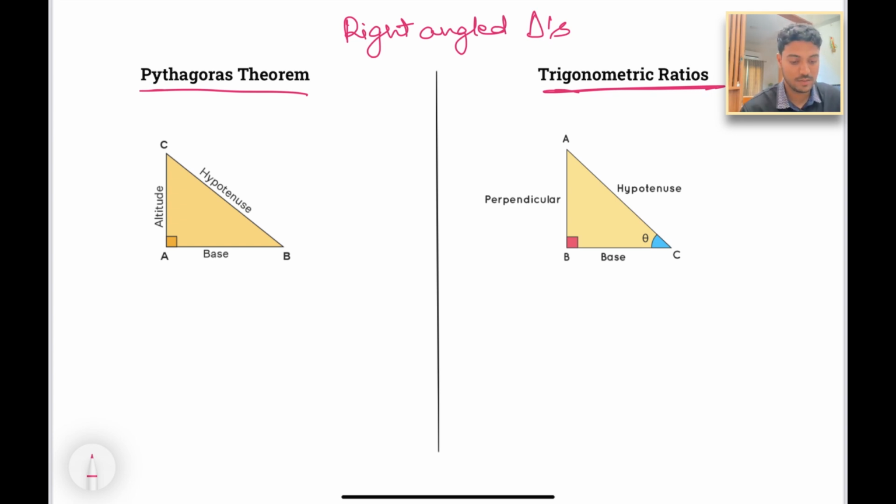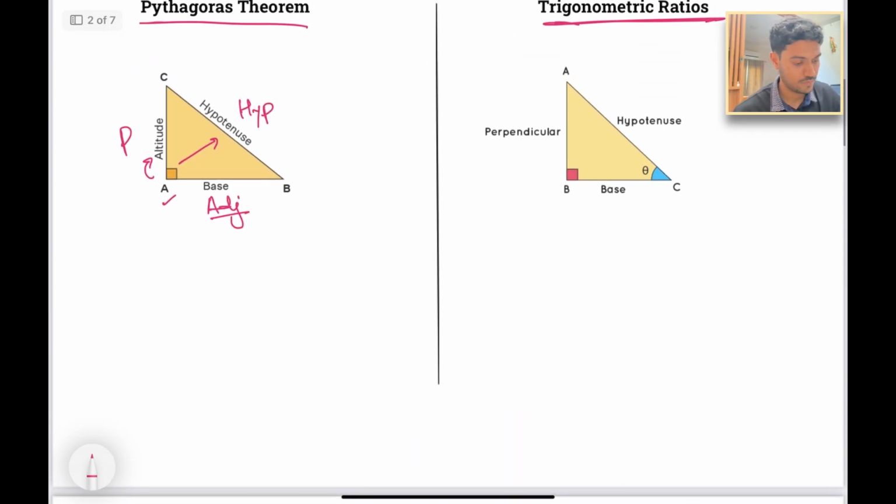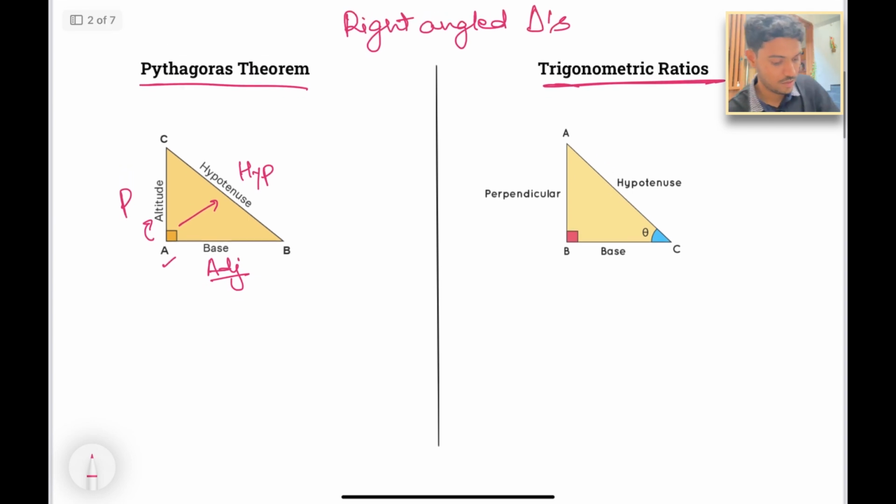First, let's understand a right angle triangle. In a right angle triangle, in this case, which is at right angle at A, the opposite side is the hypotenuse. The adjacent side is the base, and this side is the perpendicular, also known as the height of the triangle or the altitude. Now, as per the Pythagoras theorem, AB square plus AC square is equals to BC square.